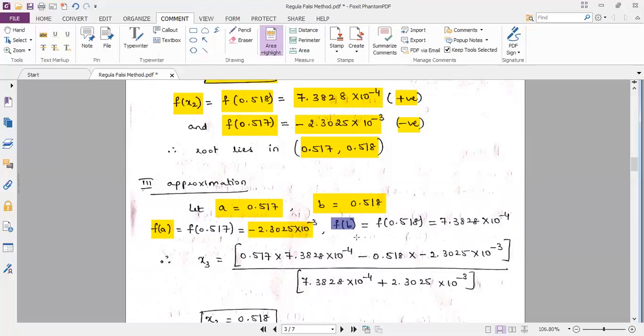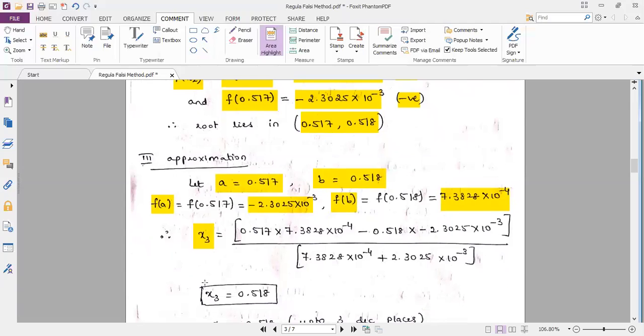So f of a and f of b are rewritten and all these values are substituted again into the regula-falsi formula, which is a f of b minus b f of a, the whole divided by f of b minus f of a. Substituting all these constants into the regula-falsi formula, we obtain the third approximation for x as x3 is equal to 0.518.